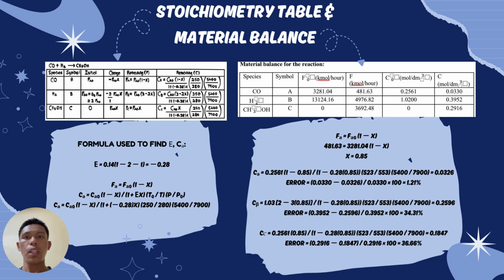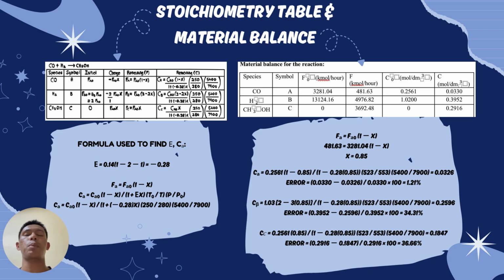Now, we expand the formula FA equal to FA naught in bracket 1 minus X, and we get CA equal to CA naught in bracket 1 minus X over in bracket 1 plus epsilon X, times T naught over T, times P over P naught. We just apply all the formulas to get CB and CC, as you can see from the table.